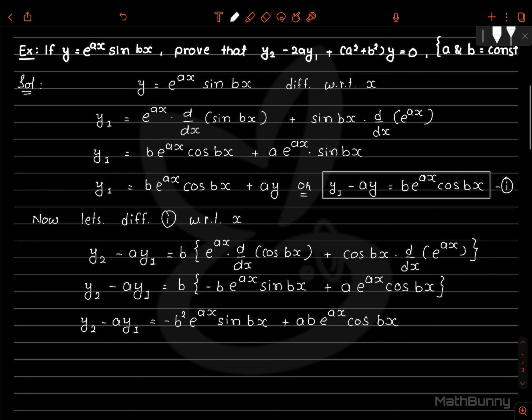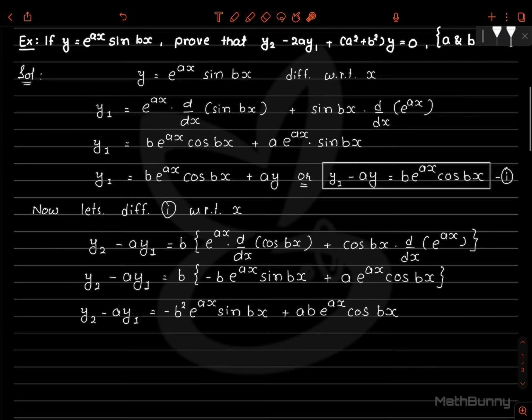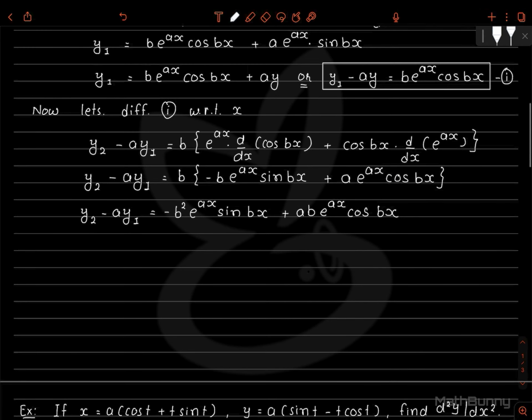Now let us see, e raised to ax sin bx, this is y, and b e raised to ax cos bx, this term is y1 minus ay, right? Let us put the values. y2 minus ay1 is equal to minus b square y plus a into the bracket y1 minus ay.